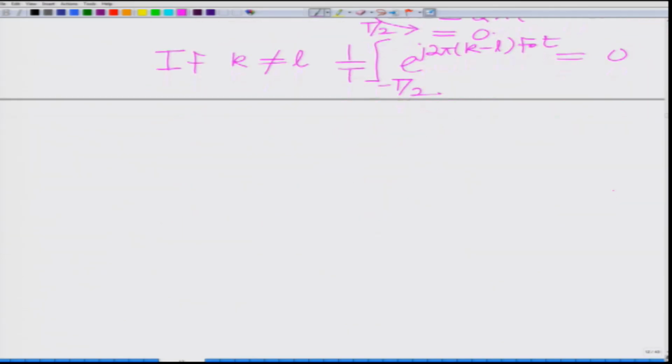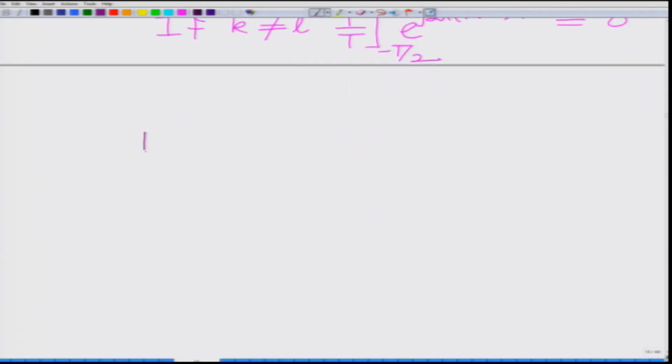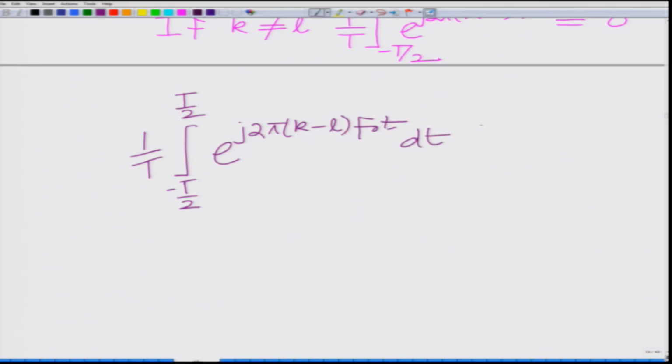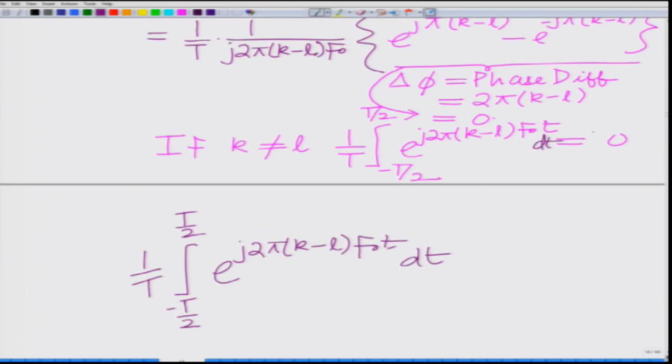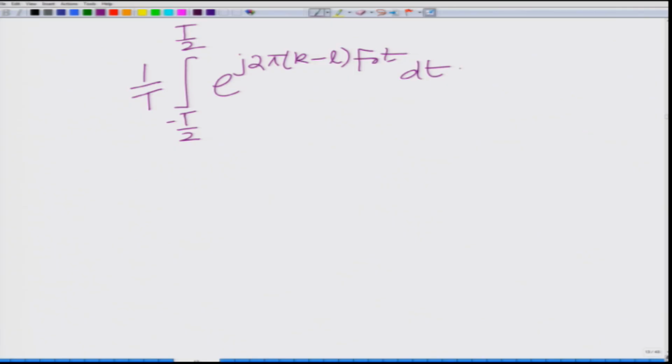So what we have shown is that this quantity, 1 over T, the integral from minus T by 2 to T by 2 of e to the power of j 2 pi (k minus L) f naught t dt, is equal to 1 if k equals L, and 0 for all integers k not equal to L.